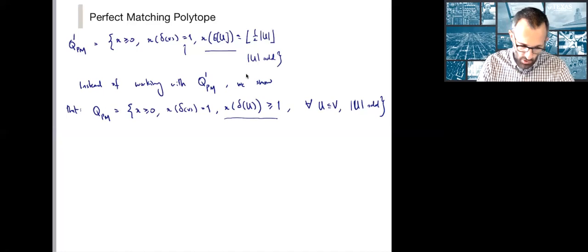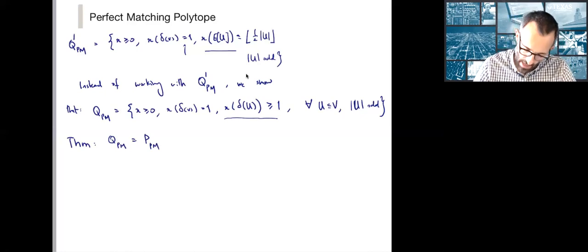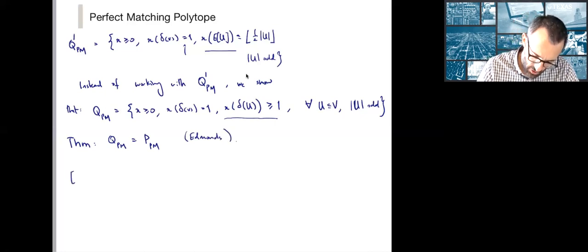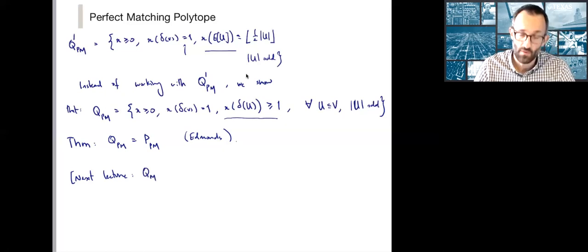So here's what we're going to prove. We're going to prove that Q-PM equals the perfect matching polytope, and again, this is due to Edmonds. Then in the next lecture, we're going to use this to show that QM, given on the previous slide, is equal to PM.